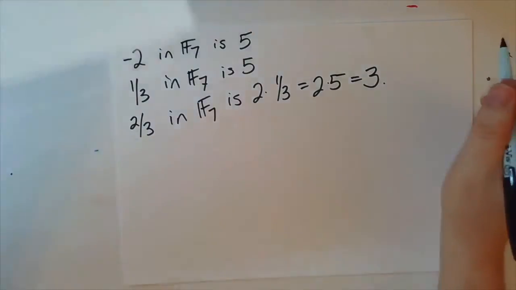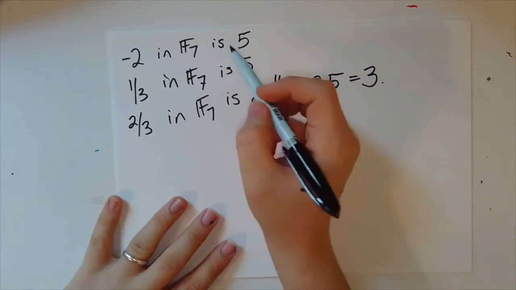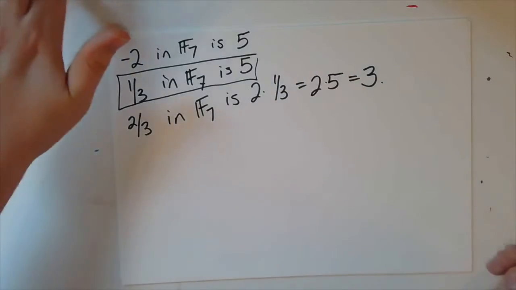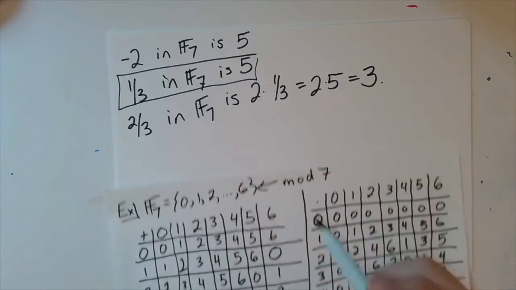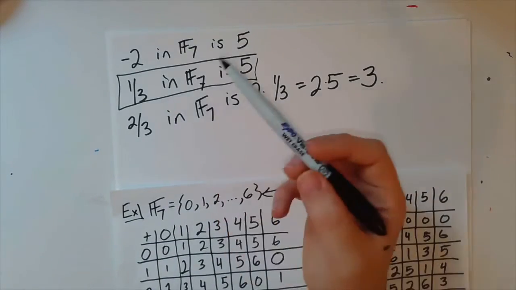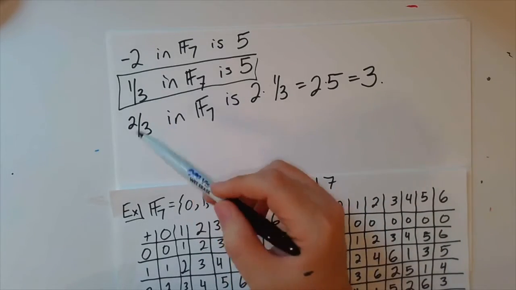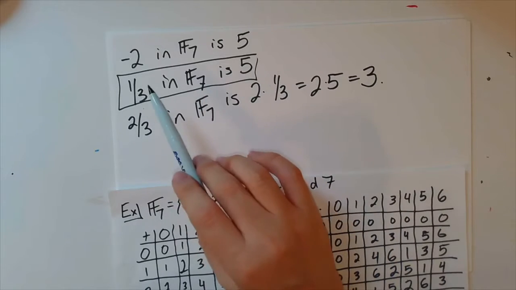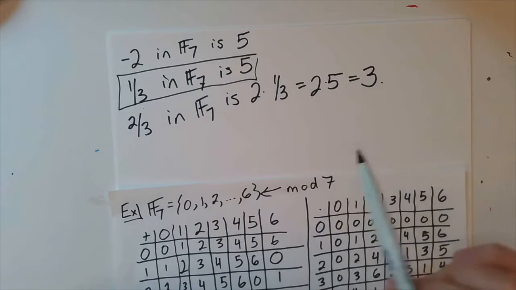Now, it might not be obvious how you would actually think about this question if you didn't have this giant table in front of you, but you can just think through the elements and ask, what do I have to multiply 3 by in order to get 1? And if you try things, eventually you'll come to, okay, 3 times 5 is 1 in F7. That's what 1/3 means.